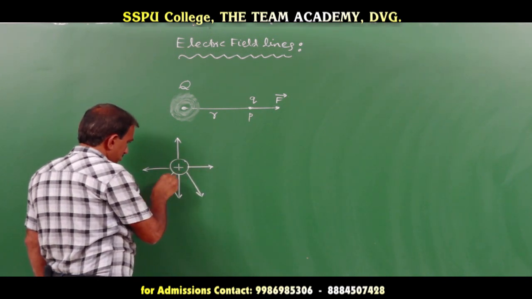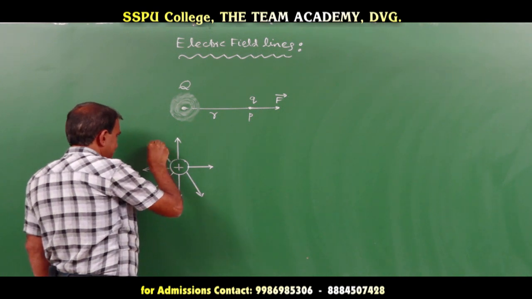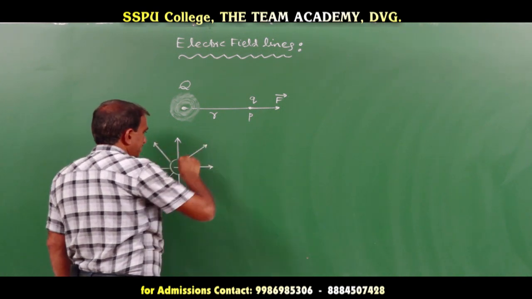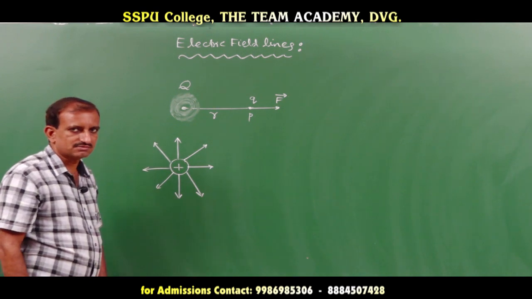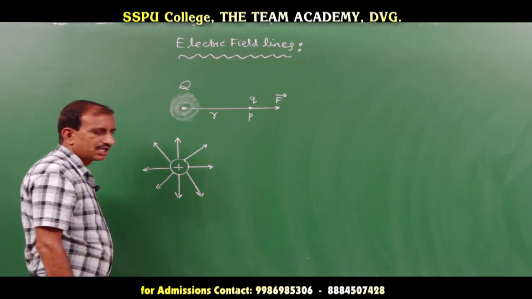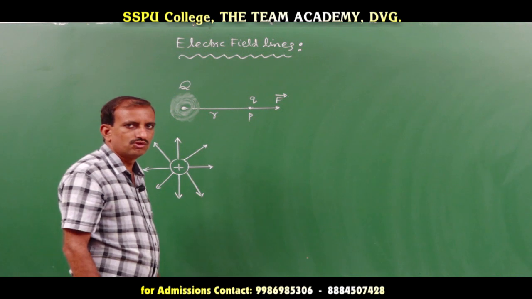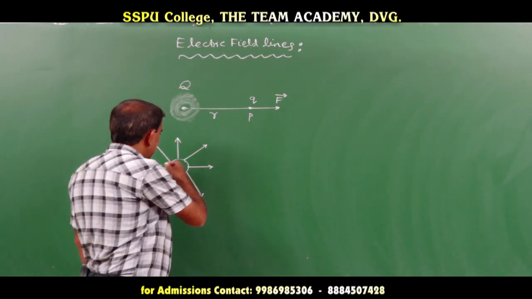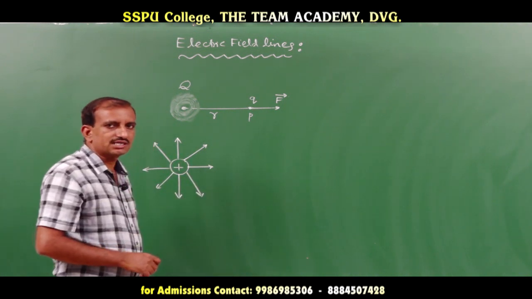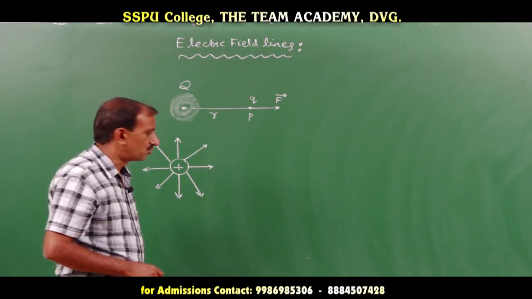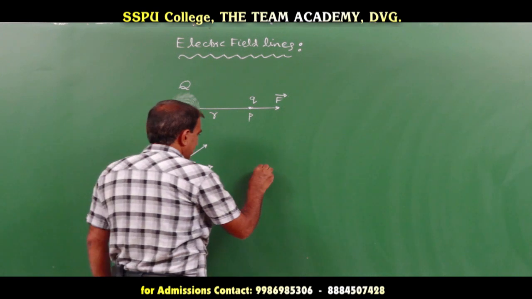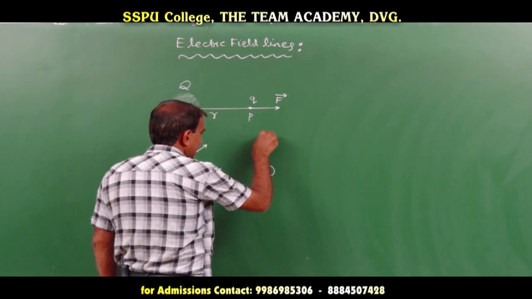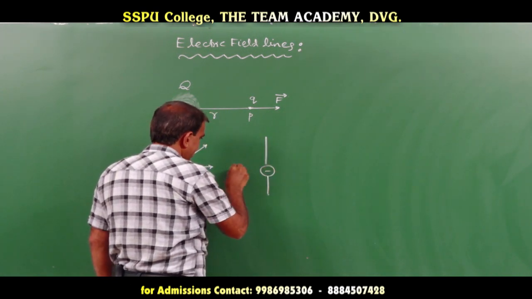An electric field line can be drawn in an electric field along which a charged particle tends to move in the direction of the electric field. For a positive charge, the electric field lines are radially outward, and for a negative charge, the electric field lines are radially inward.